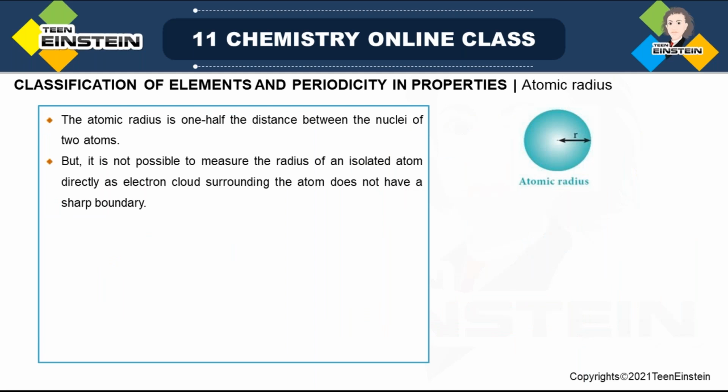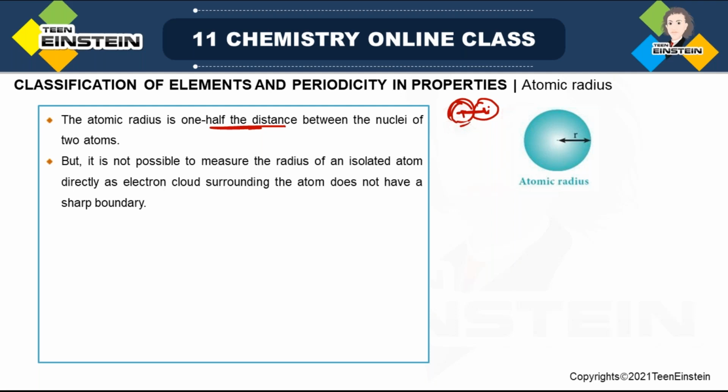So first we'll see the definition of atomic radius. Atomic radius is 1/2 the distance between the nuclei of two atoms. Now two atoms must be present. Suppose I am writing like this, one atom then another atom. This is the nucleus, this is the nucleus. Now if you join these two nuclei, take half of it.